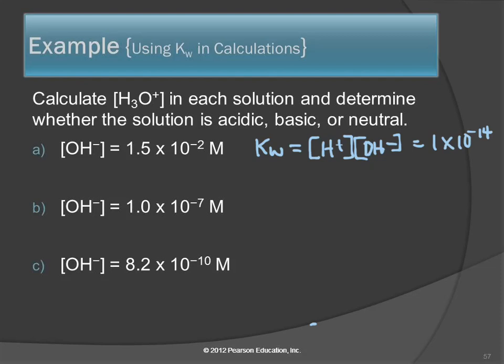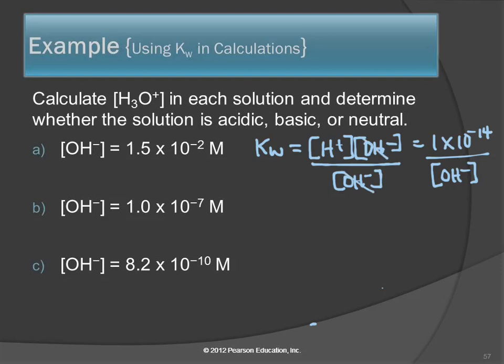So we did calculations like this in chapter 15. If we want to find out what the hydronium ion concentration is, or the hydrogen ion concentration, we have to rearrange this equation and solve for the hydrogen ion. Remember, hydrogen ion and hydronium ion concentrations are essentially the same. We use them interchangeably.